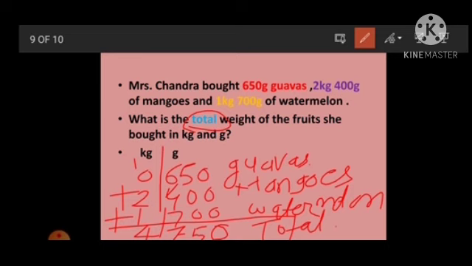How much total weight of fruit did she buy? 4 kilogram 750 gram.